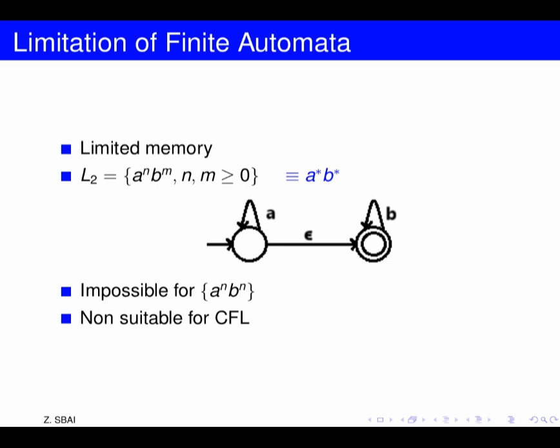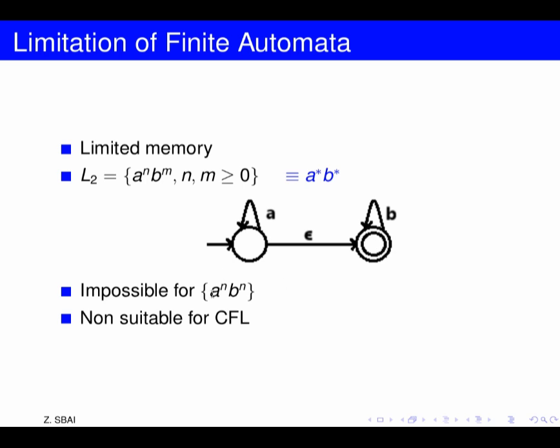For example, if we want to recognize the strings a to the n, b to the m, we have already seen that they may be recognized easily by a nondeterministic finite automaton with two states. In the first one, we have a self loop with the symbol a, and in the second, a self loop with the symbol b.